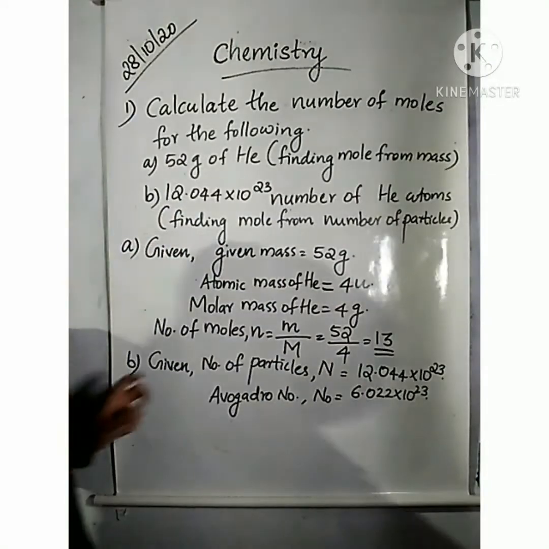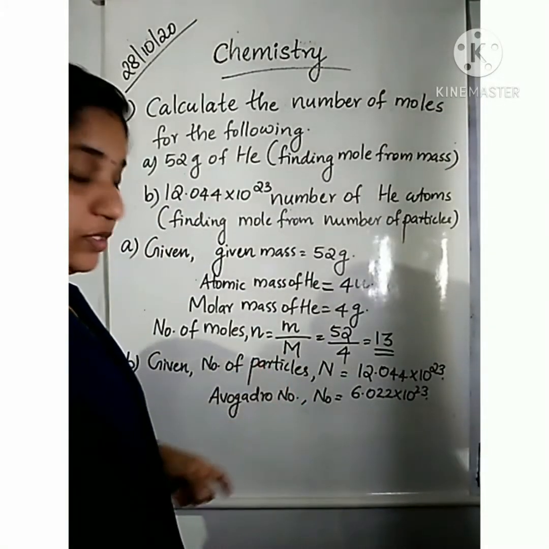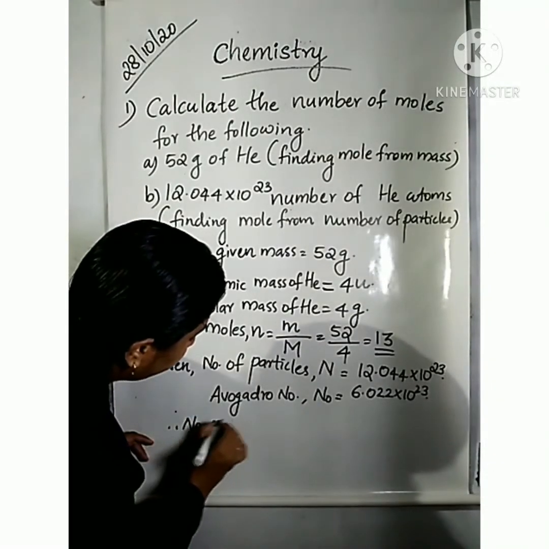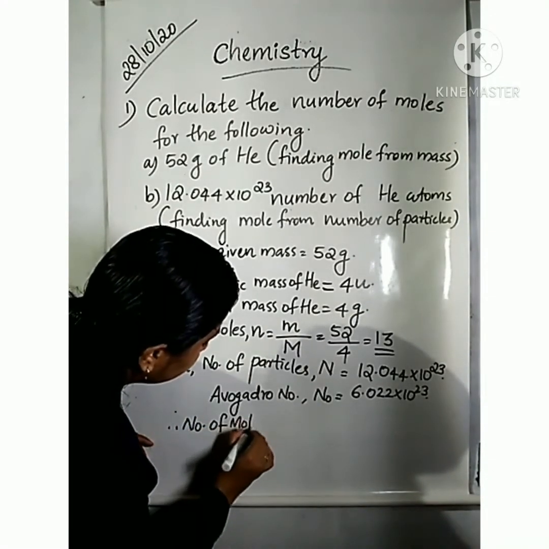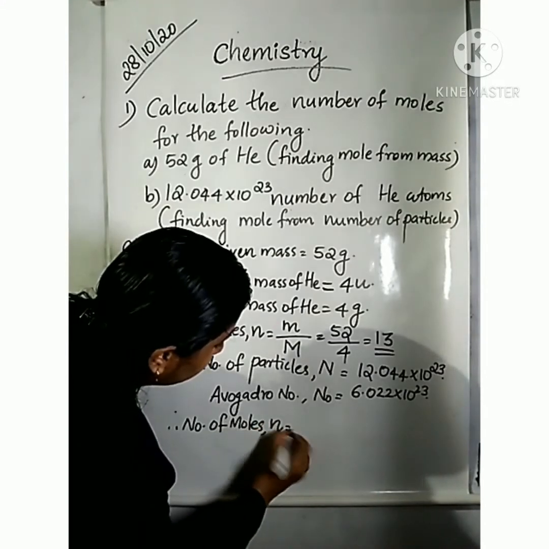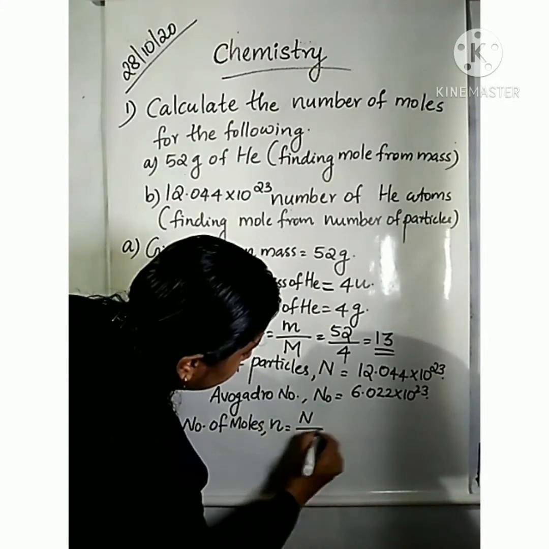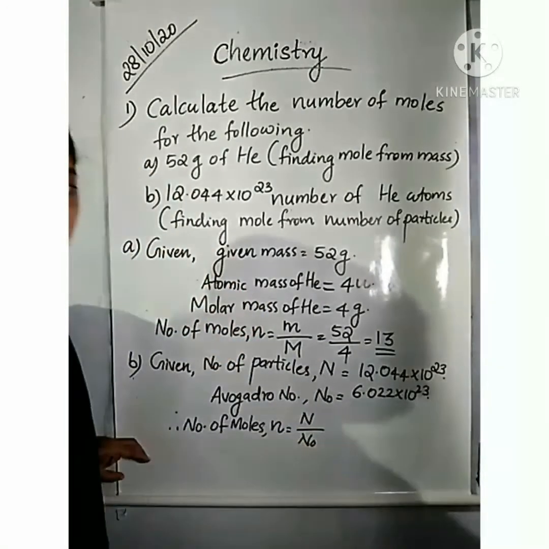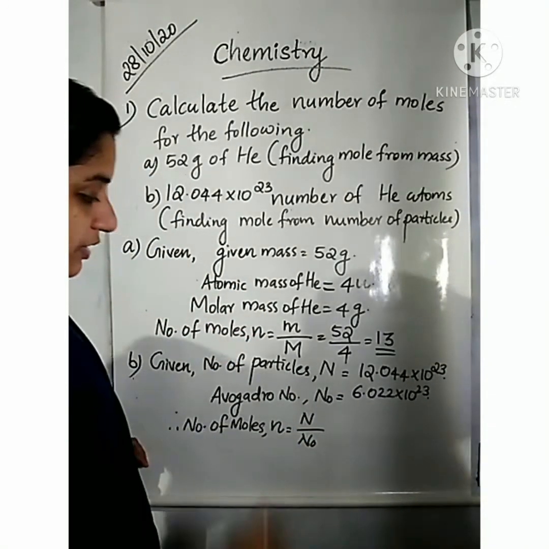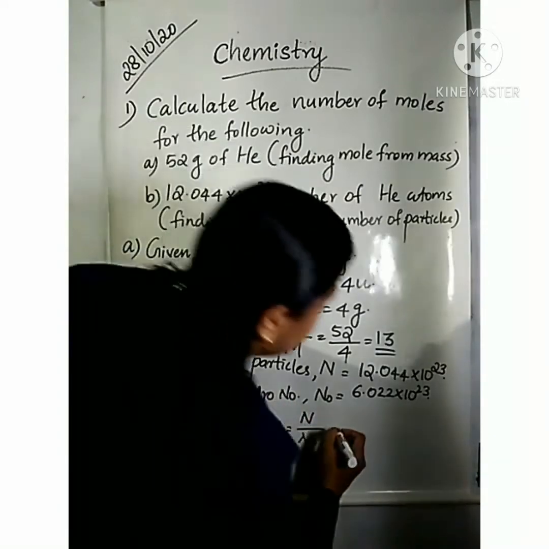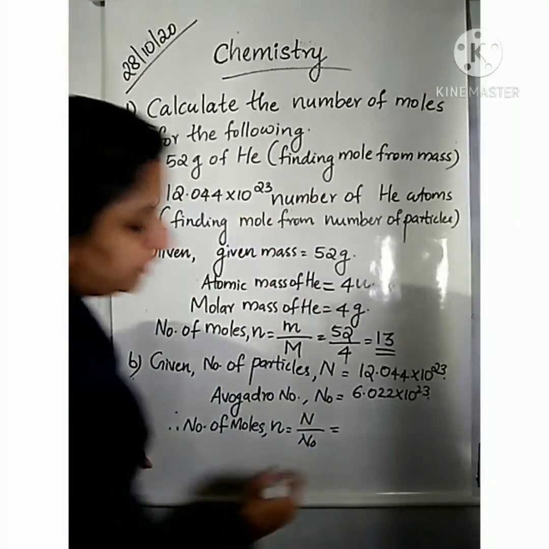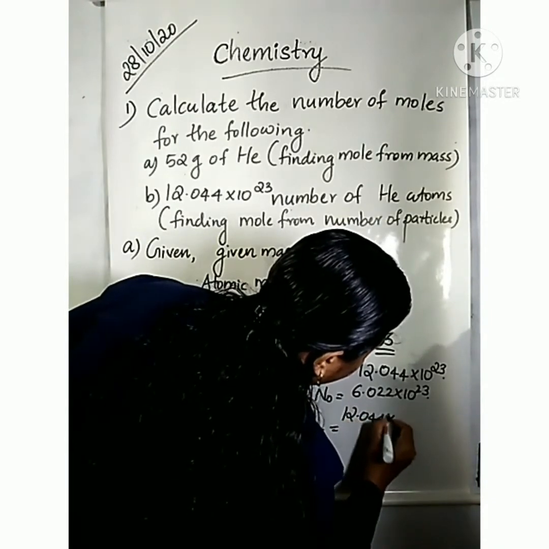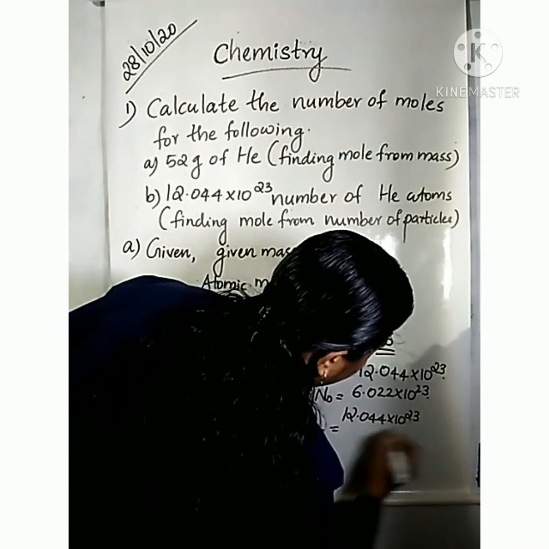Okay. Then, how can we calculate the number of moles? Yes. Therefore, number of moles n equal to capital N, that is number of particles divided by Avogadro number. What is the number of particles? 12.044 into 10 raised to 23.